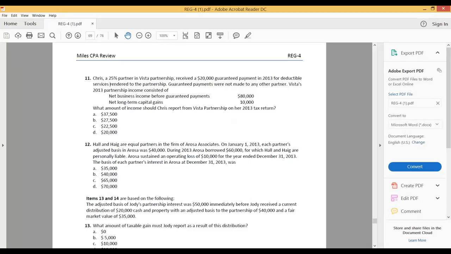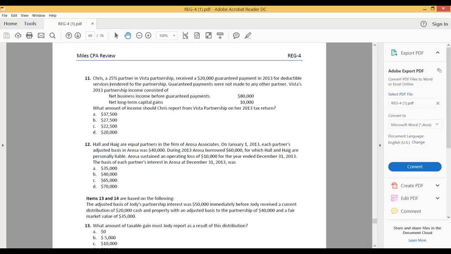Guaranteed payments were not made to any other partner. Vista's 2013 partnership income consisted of net business income before guaranteed payments of $80,000, net long-term capital gains of $10,000. What amount of income should Chris report from Vista Partnership on her 2013 tax return?